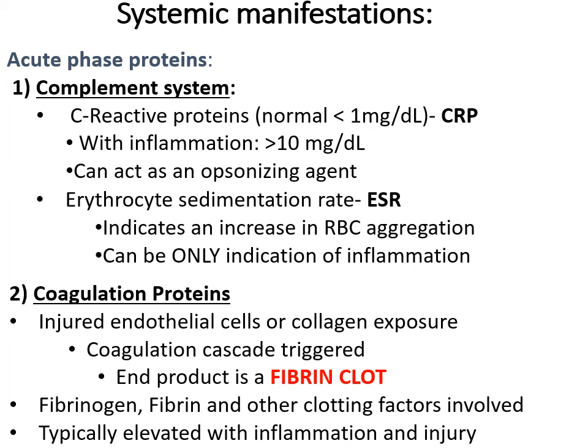It sends a signal to the liver to make a complement system that's going to be involved in helping to release more histamine, to opsonize foreign antigens, and it's also going to send a signal to increase clotting factors to help stop the bleeding, right? And common clotting factors such as fibrinogen and other clotting factors are released. Okay, so these are often elevated in inflammation or injury.